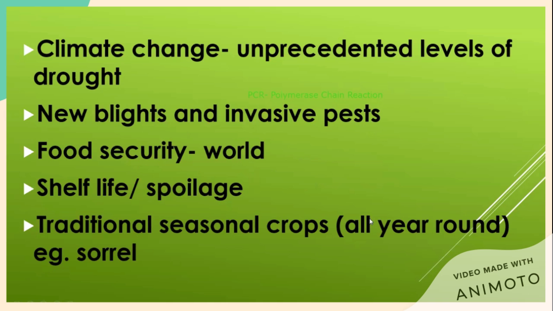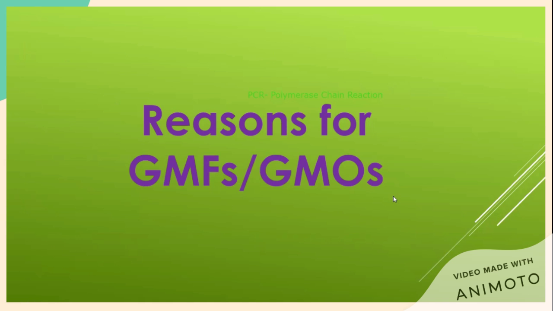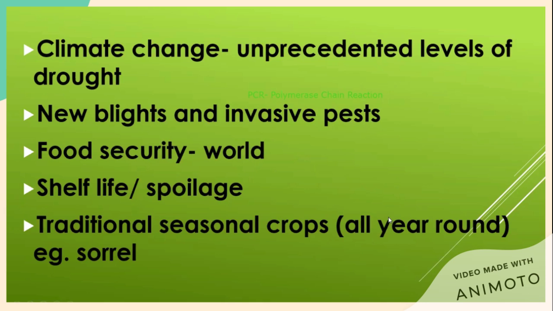All right. So as I said now, some of the reasons for genetically modified food: the climate change. We have to talk about the change in certain climatic conditions that allow certain crops not to do well. The traditional crops are accustomed to certain conditions for growth and to produce well.